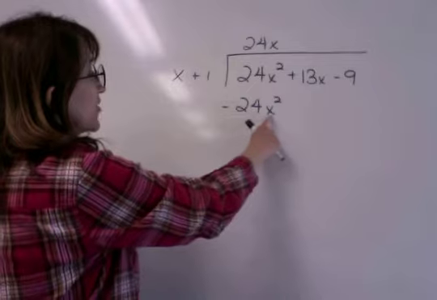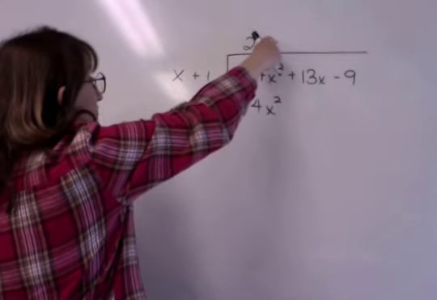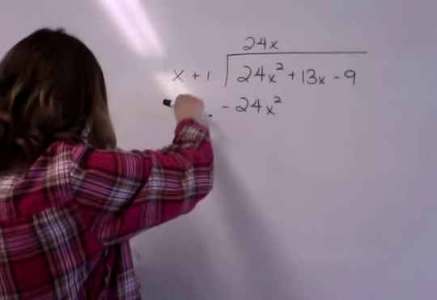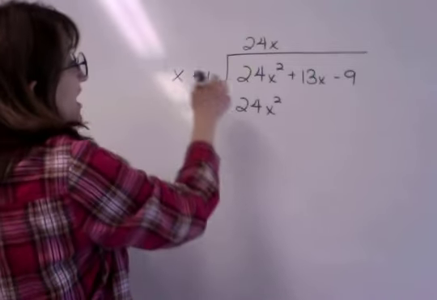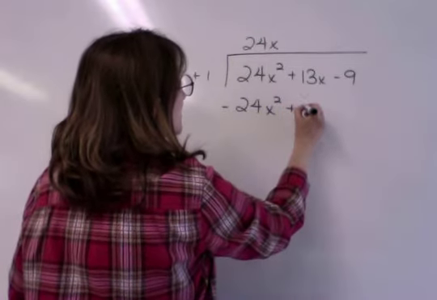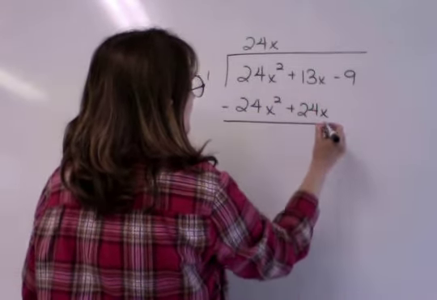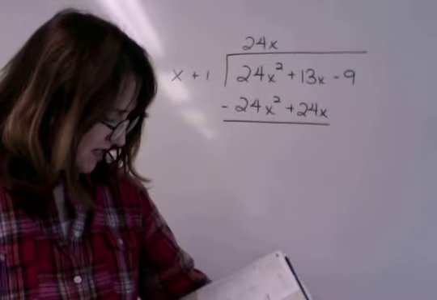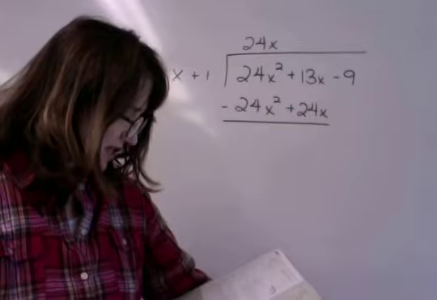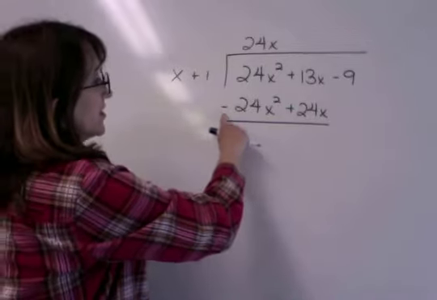So I multiplied the 24x to the x, and I got 24x squared. Now I have to multiply the 24x to the 1, and that gives me a positive 24x. And I can't do anything right here until we do some subtraction. So I'm going to subtract all of this.